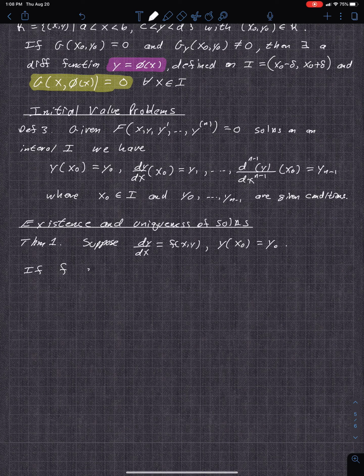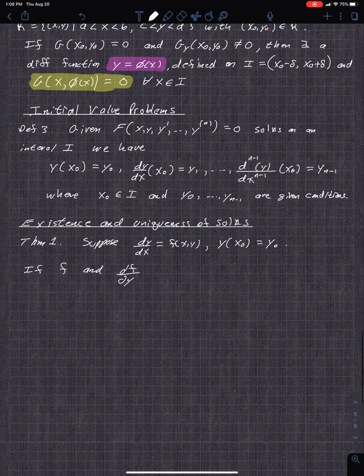If f and ∂f/∂y (that's usually going to be a curly d, but it's okay) are continuous functions on R.